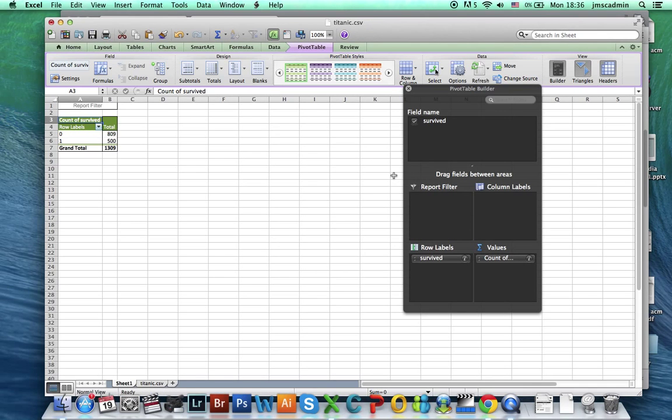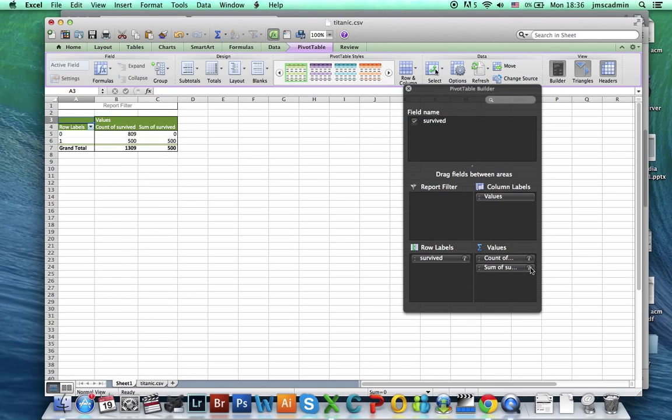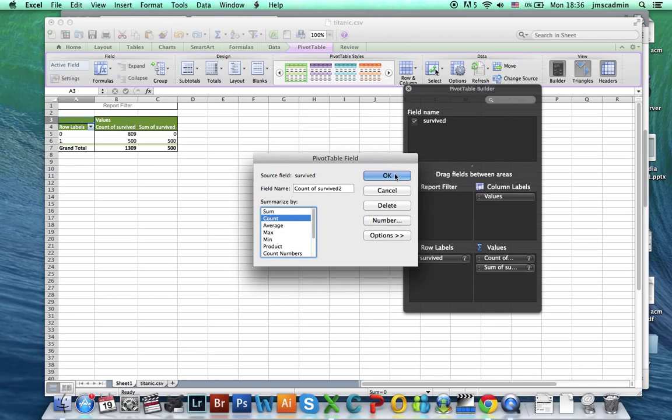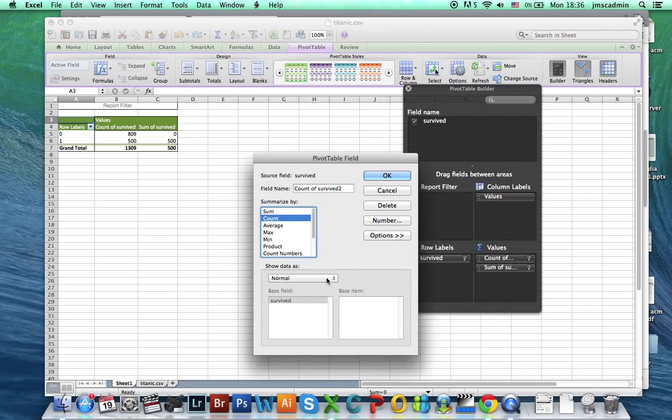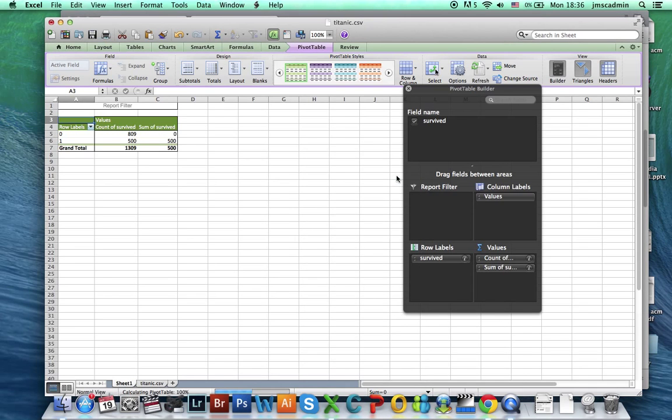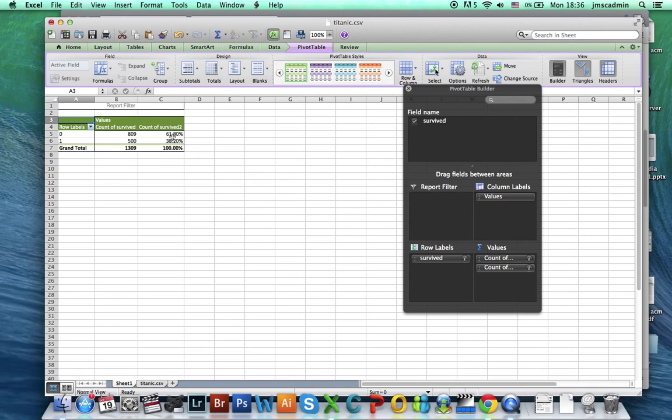So we know that the survivor is 500, and we can also get the column probability, column percentage. Okay, you can see that the column percentage for the survivor is 38.2%.